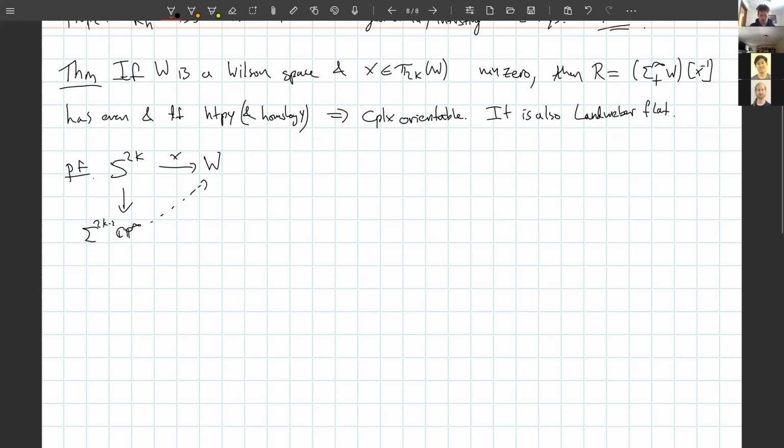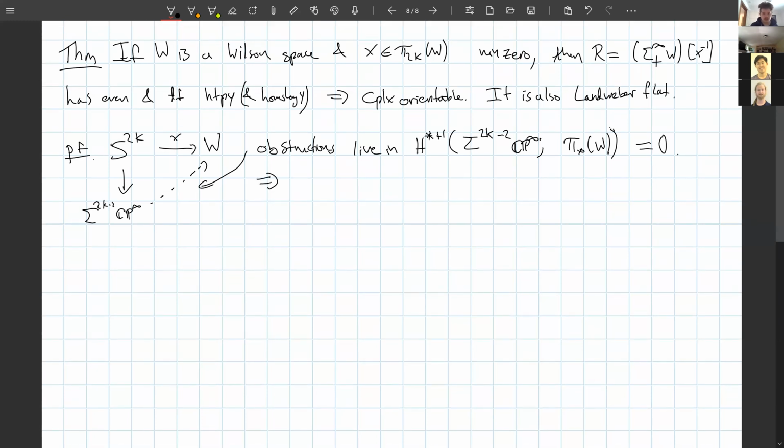To get this extension, I do classical obstruction theory. The obstructions to performing this extension live in H star plus 1 of suspension 2k minus 2 CP infinity with coefficients in pi star of W, and these are all 0.